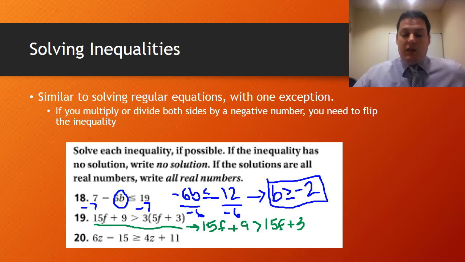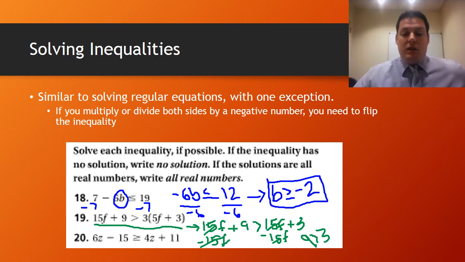Well, we have a 15f on both sides, so if we subtract 15f, they should both cancel. And we're left with the statement 9 is greater than 3.